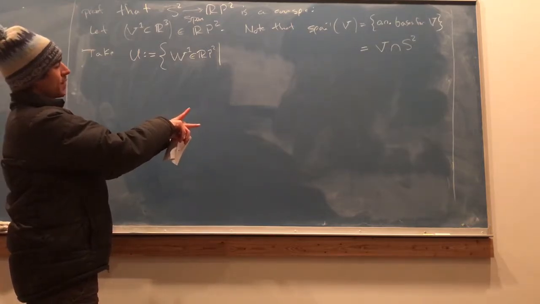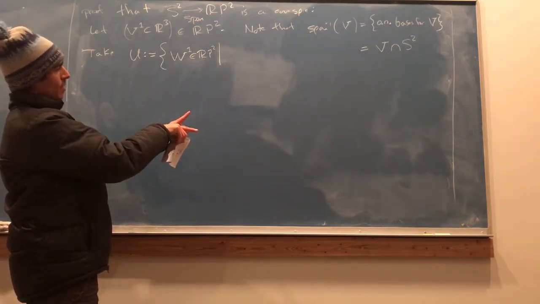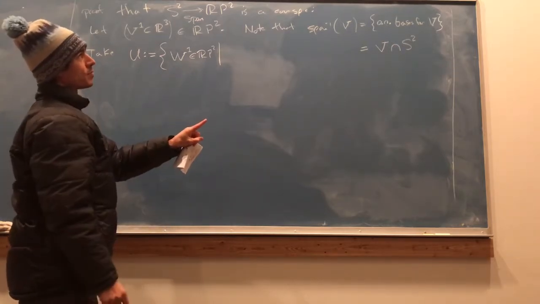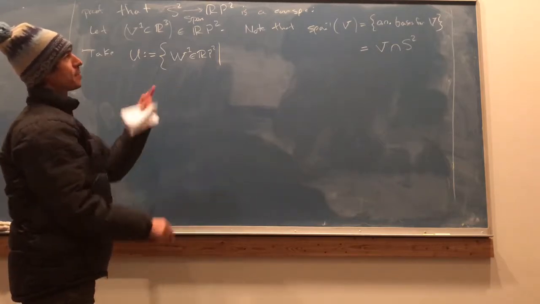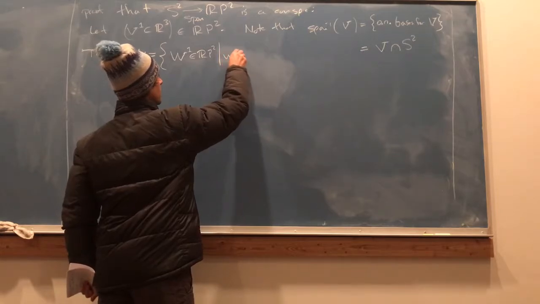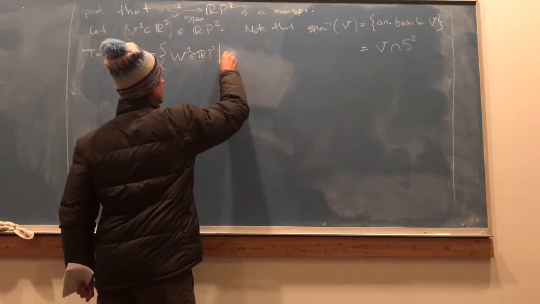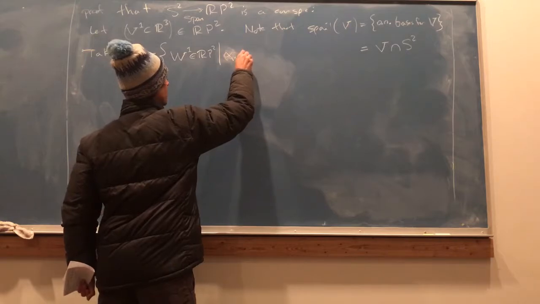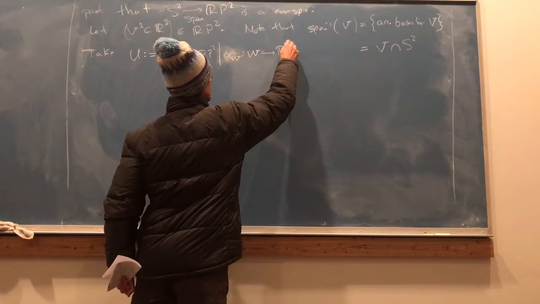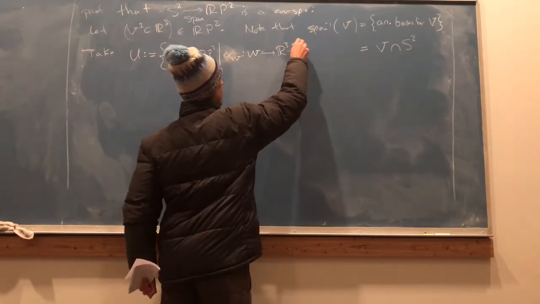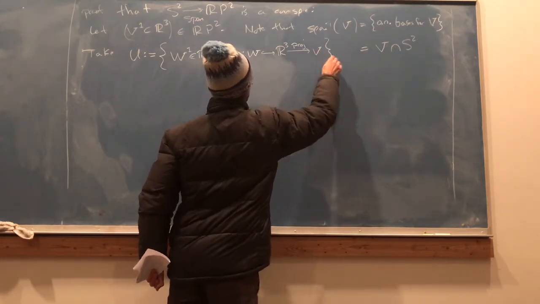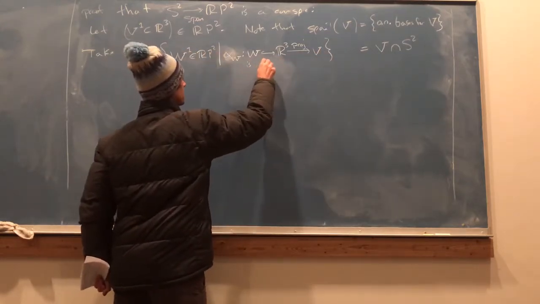That will be useful, because if you choose a basis for V, you can look at the inverse of that isomorphism on that basis to find a basis for this W. So I'll write that out such that this composite, which I'll write as alpha sub W, a linear map from W, including into R3, followed by orthogonal projection onto V, is an isomorphism.